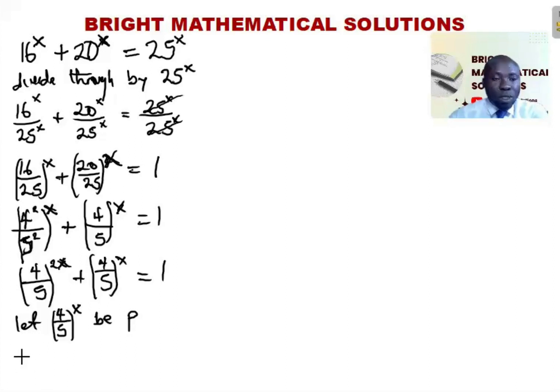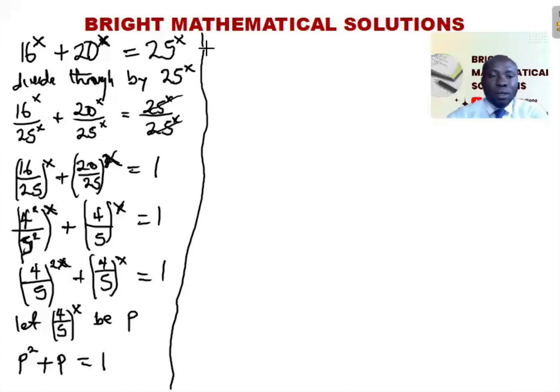So if you now substitute this p wherever we see this, this will now become p raised to the power of 2 plus p equals 1. So we can write this to become p raised to the power 2 plus p minus 1 equals 0.